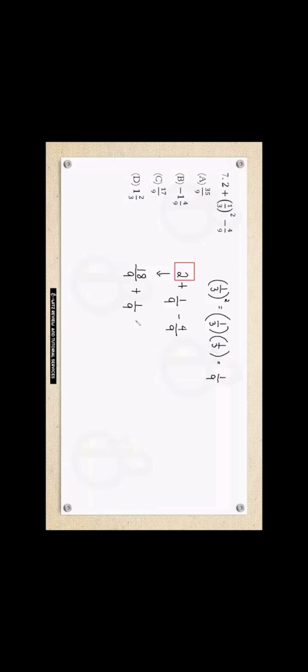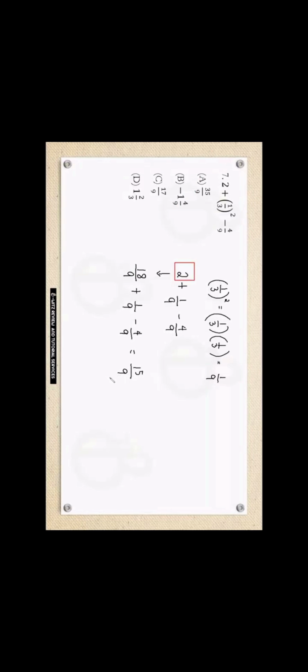Let's try to use this expression instead of this one, since this is much easier to answer this addition and subtraction of the fractions here by simply adding and subtracting our numerators. And in doing that, 18 plus 1 will give us 19, and 19 minus 4 will actually give us 15 over 9.